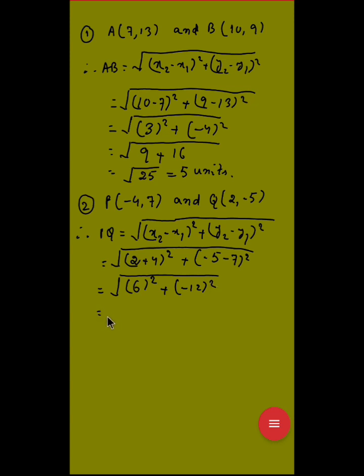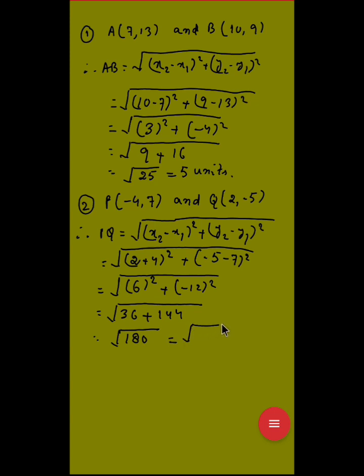So do the calculation. 6 square gives the value of 36. So we write 36 over here along with the plus operator, and minus 12 square gives the value of 144. When you add 36 plus 144, it gives the result of 180, and we simplify the under root of 180.